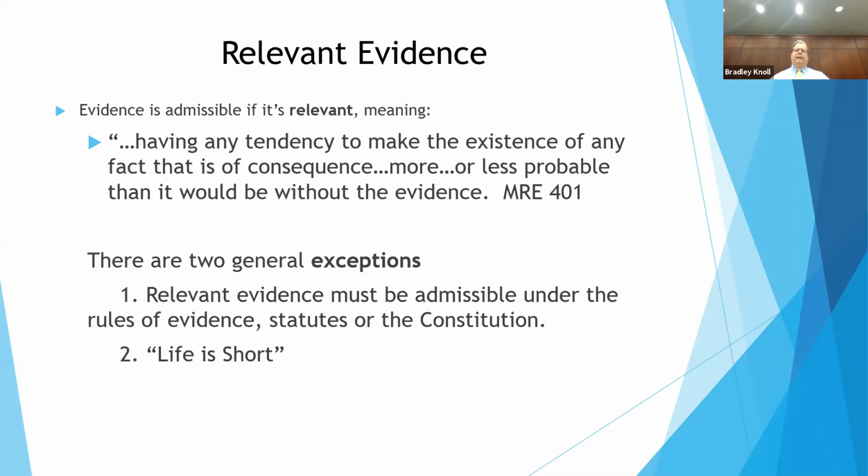That is, evidence that can be considered by the trier of fact, the judge or the jury, to determine the outcome of the case. And the two general exceptions is that relevant evidence must be admissible under the rules of evidence, the statutes, or the Constitution in order to be considered. And the second part I put there is life is short.